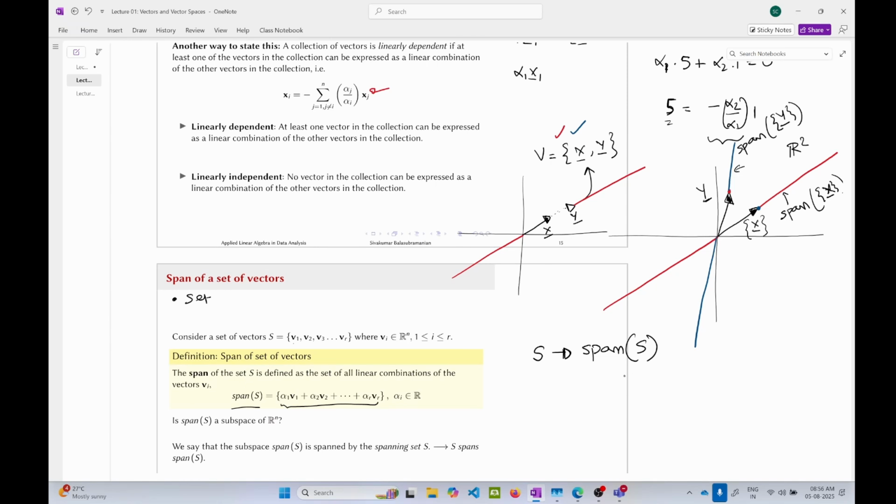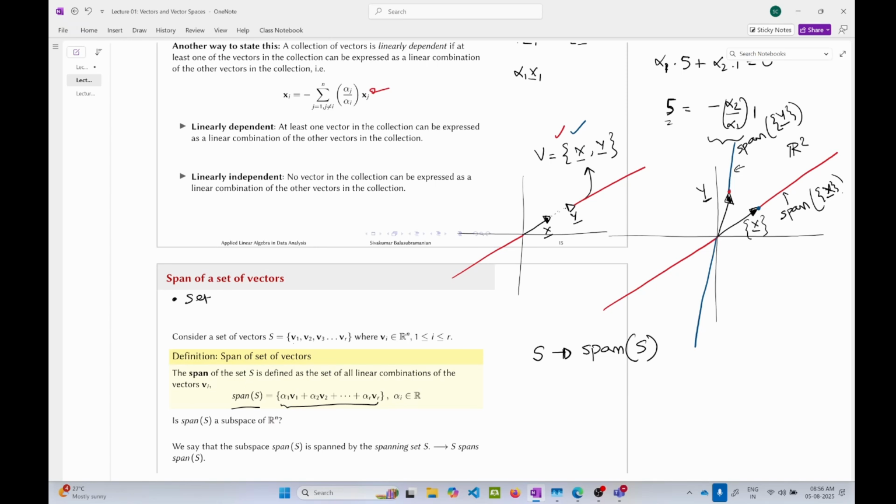If the span of a set of vectors is a vector space, what would you have to verify? Three properties again. Zero. Does the span of a set of vectors have the 0 element?